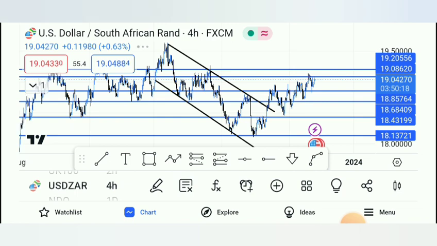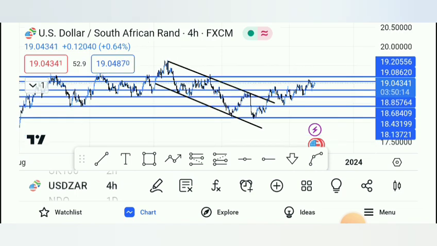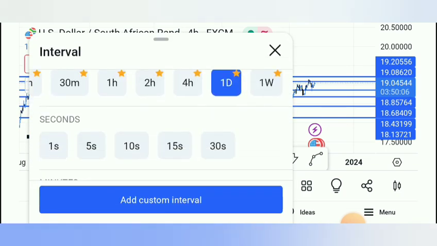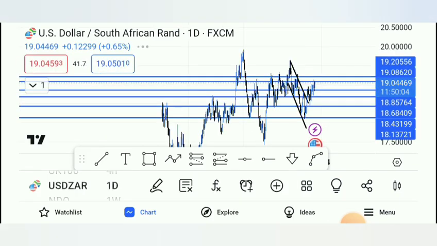As you can see here, I identified my trend line. Remember, I have zones to help me. What I did is I went back to the daily time frame.